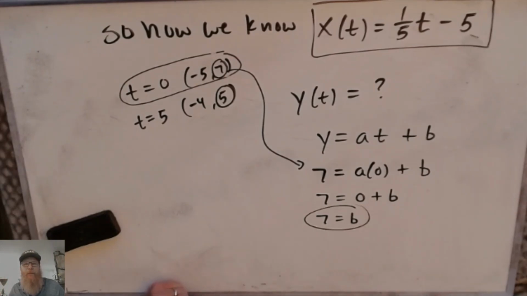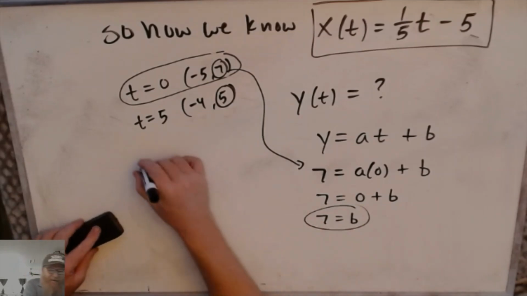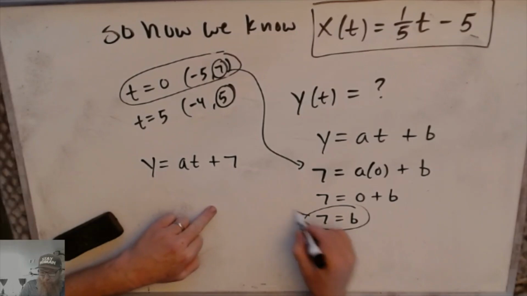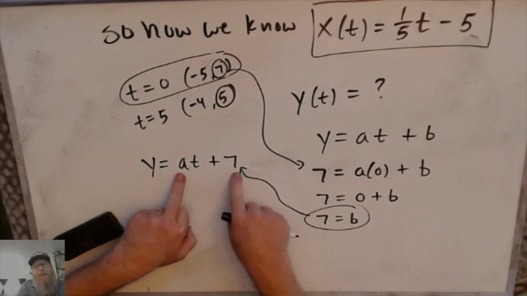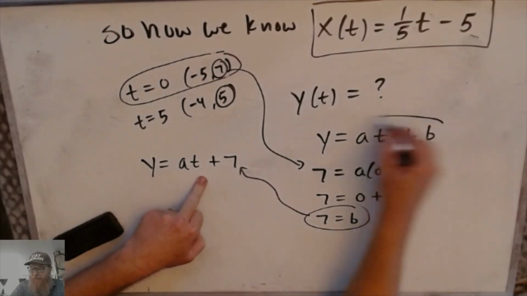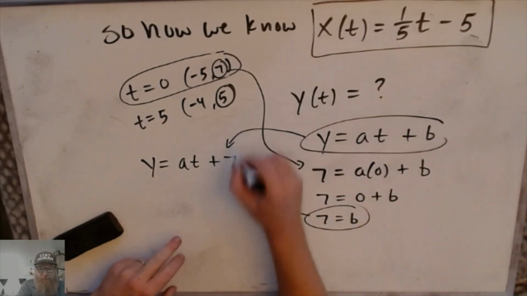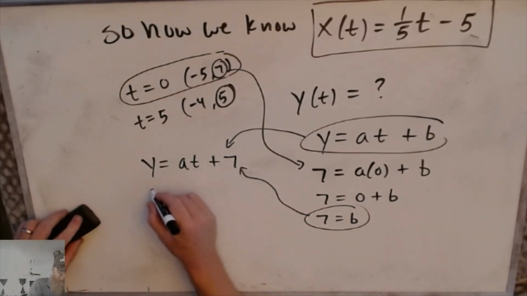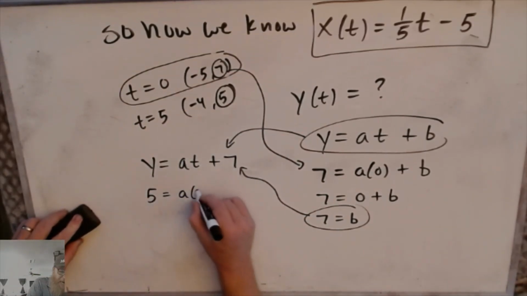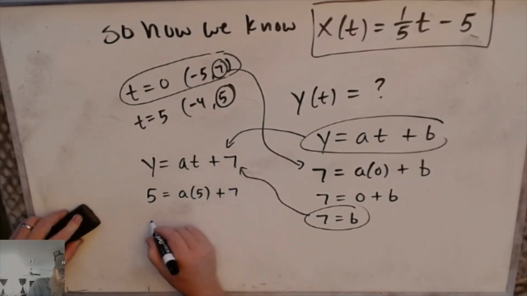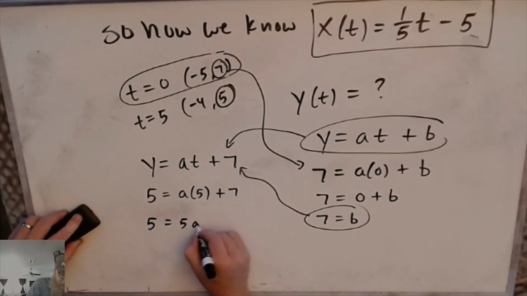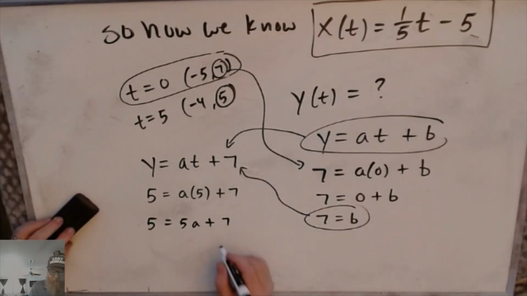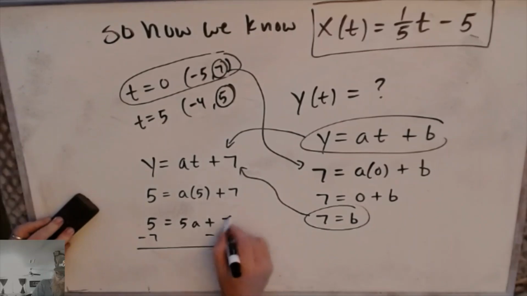Okay. Now to find the a, well, we know that b is 7. So we can say AT plus 7, just copying this here. And now use the other point. 5 is equal to A times 5 plus 7. And now you're going to solve it exactly the same way you solved for x.